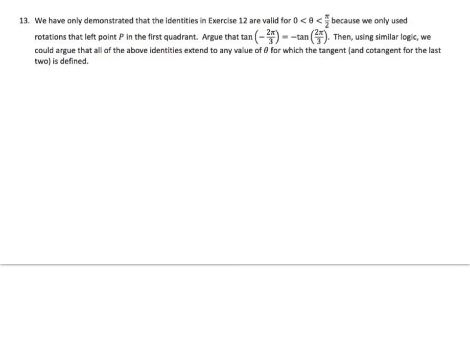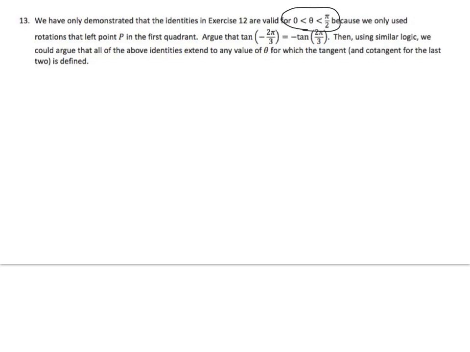Okay, we've only demonstrated that the identities in exercise 12 are valid for theta between 0 and 90 degrees because we only used rotations that left the point P in the first quadrant. So our terminal ray ended in the first quadrant. Argue that tan of negative 2 pi over 3 is equal to negative tan 2 pi over 3.